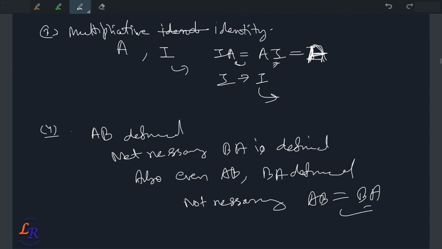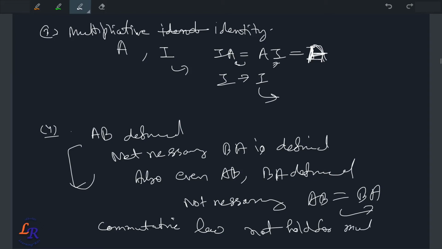It can be equal or not equal. So in general the commutative law does not hold for multiplication. So that's one important point.